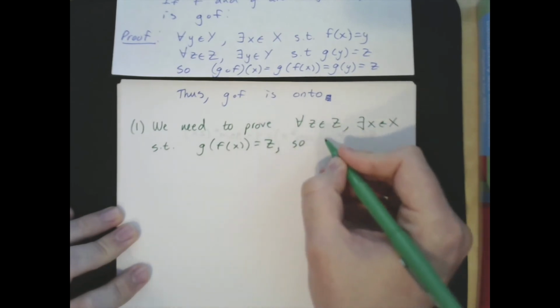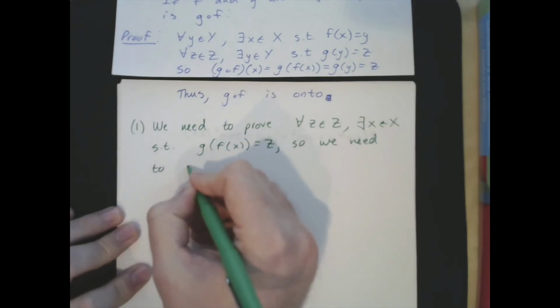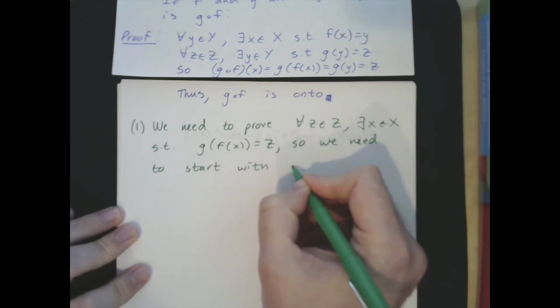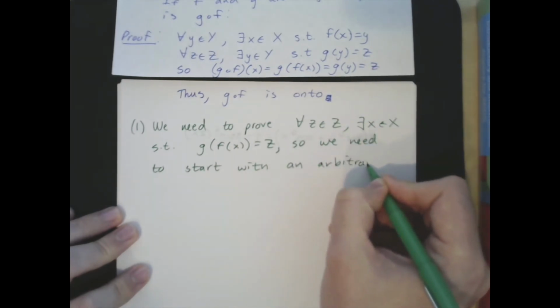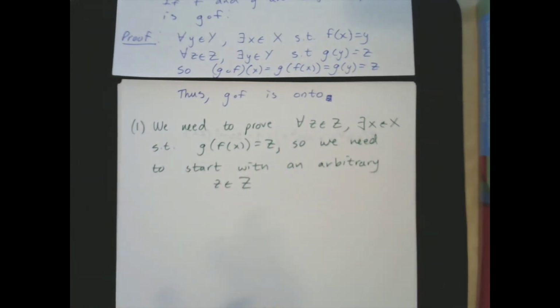So we need to start with an arbitrary z in big set Z. That's how we always start surjective proofs: you take an element out of your codomain and you show that you can find an element in your domain that maps to that.